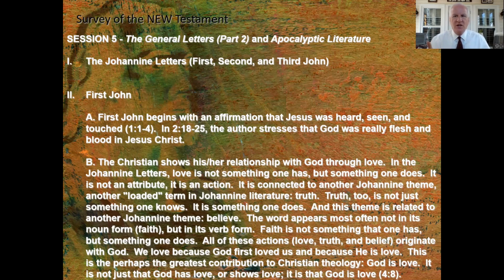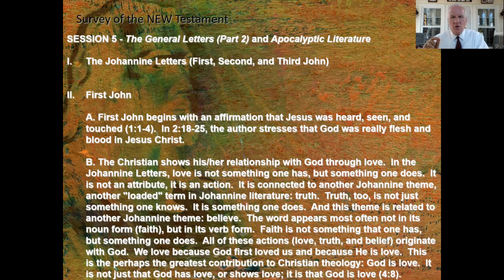It's connected to another Johannine theme, another loaded term in the Johannine literature, truth. Truth, too, is not just something one knows, it's something one does. And this theme is related to another Johannine theme, which is the verb believe.